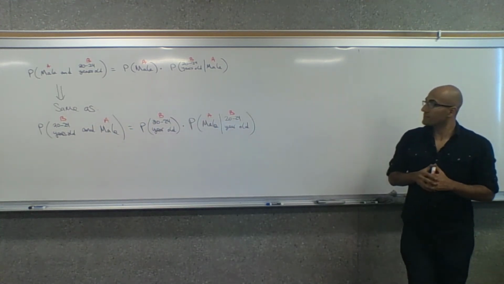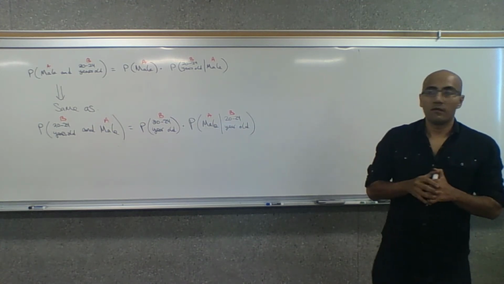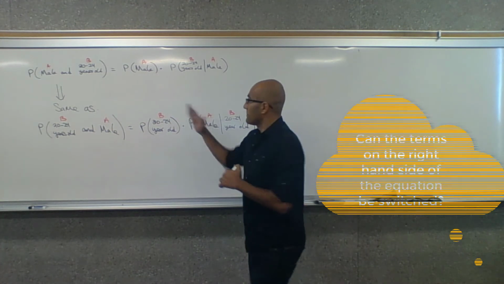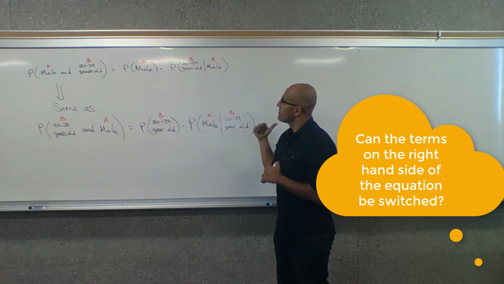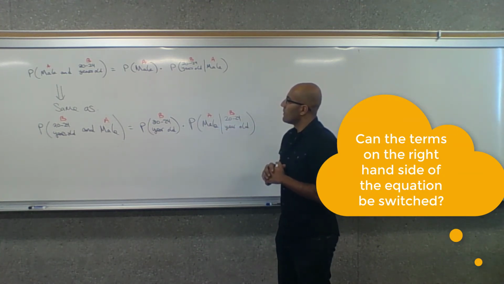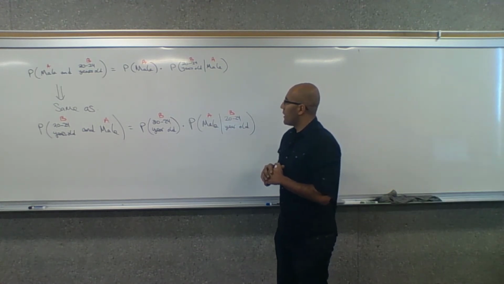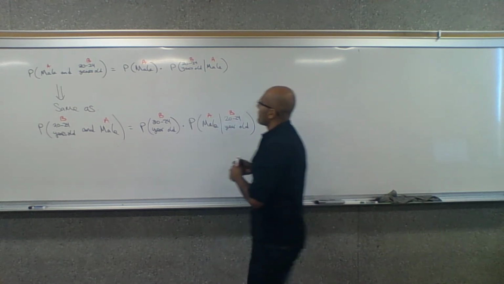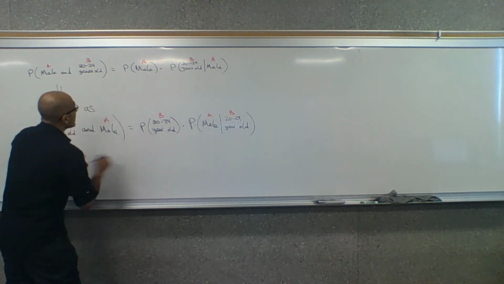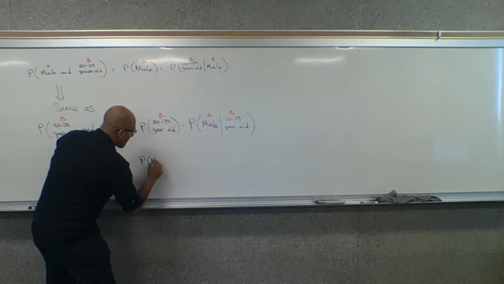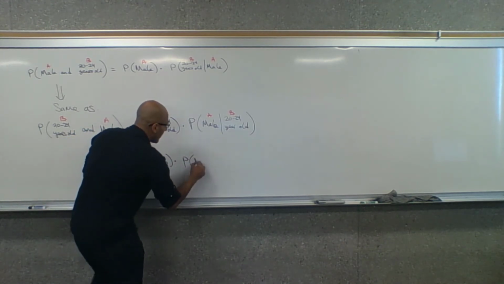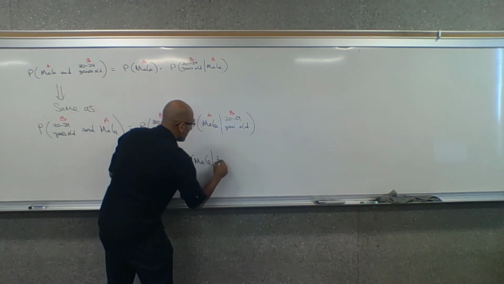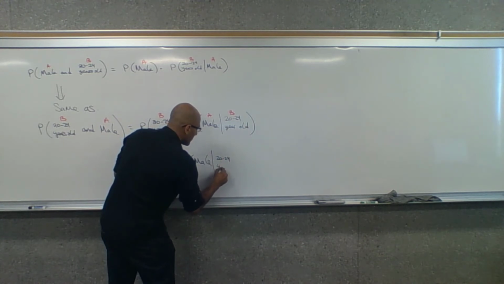Yeah, question? So just looking at the right-hand side of the equation, all the terms on the right-hand side, could they be switched between those two, as long as it's a whole unit? So let me write down the things you cannot do. You cannot say that it's equal to the probability of male times the probability of male given 20 to 24 years old.